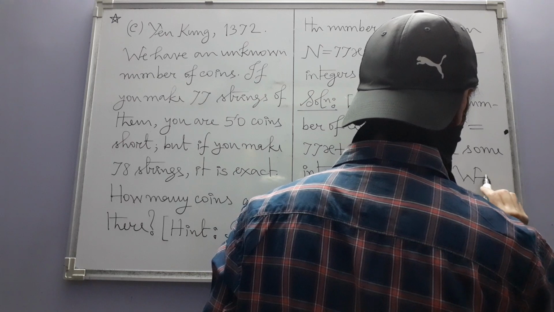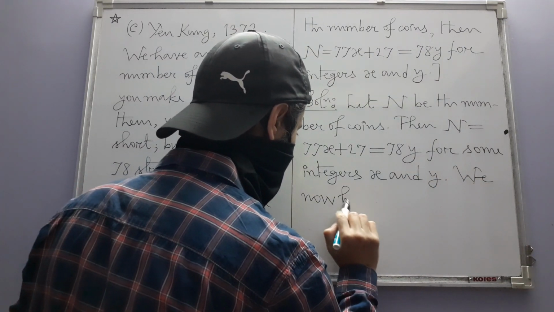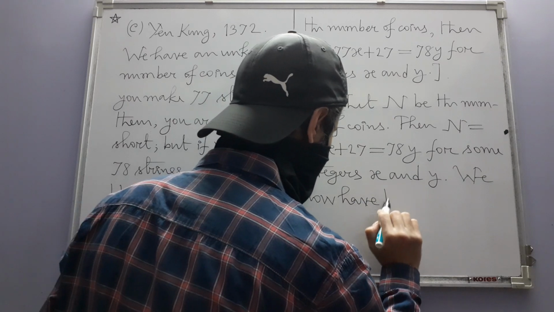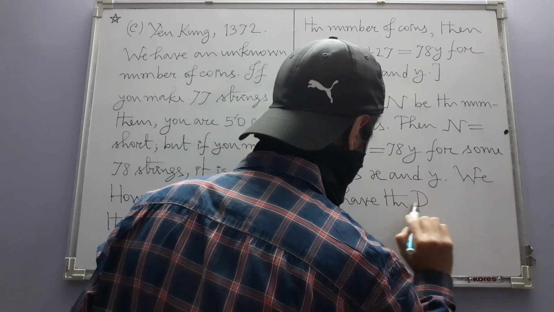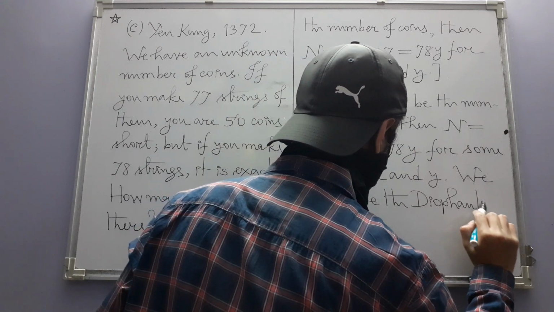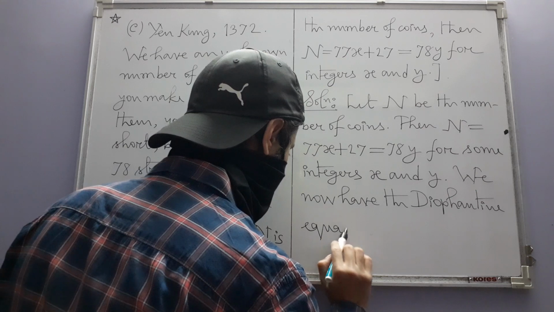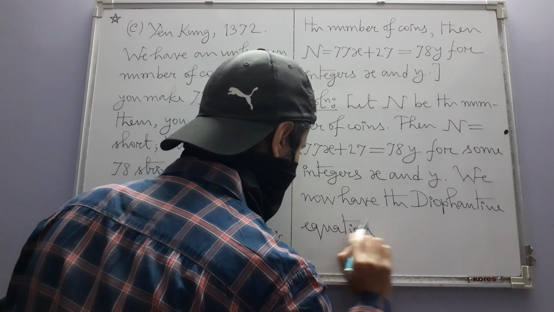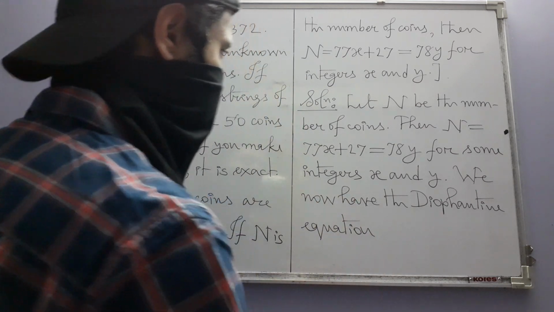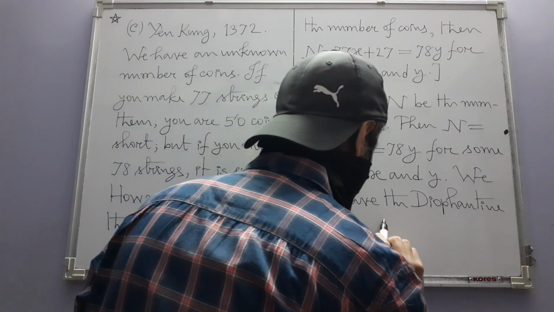So we now have the Diophantine equation 78y minus 77x equal to 27.